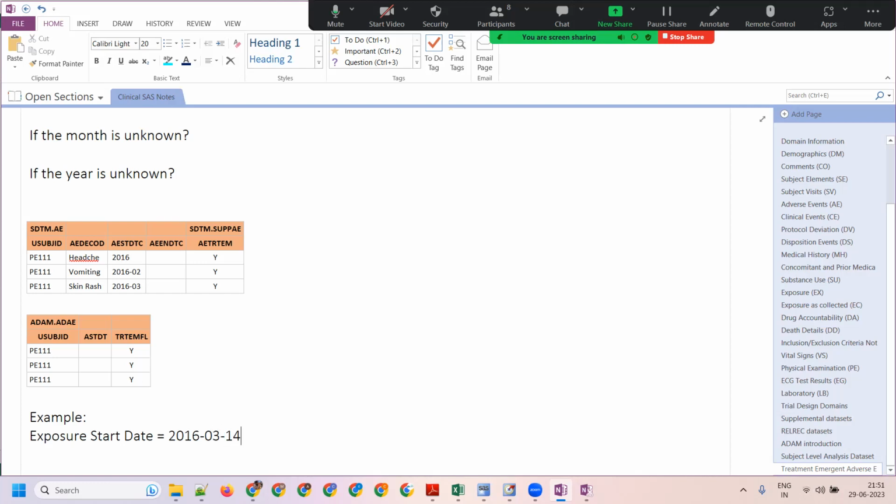Now, can you see that it is in line with this particular one, the last one? Yeah. So I can say that it is on the same day. I can go ahead with 14th March 2016. Why am I doing it? I know the details about when my exposure is getting started. I can match that.